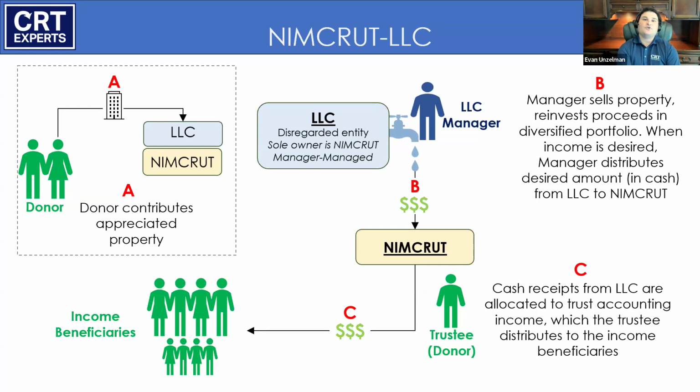As those distributions are made to the NIMCRUT, the trustee, which can be the donor, there's no problem there. The trustee will allocate those cash receipts to trust accounting income, and then it's flowed out to the income beneficiaries. That's what we've talked about, but this is just an illustration to demonstrate how it works from a visual standpoint.